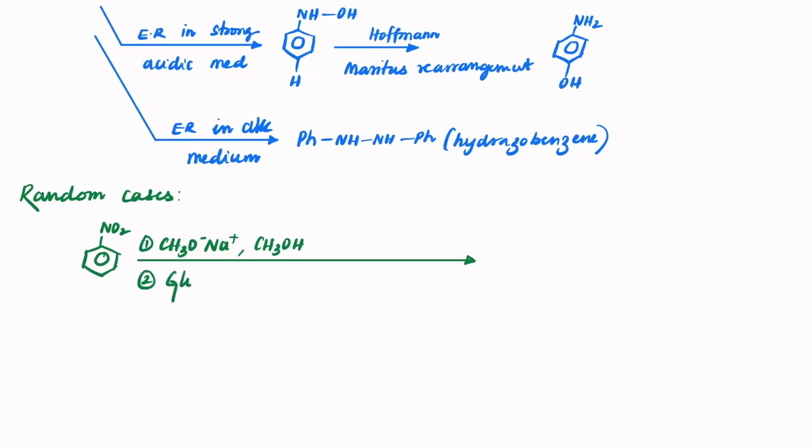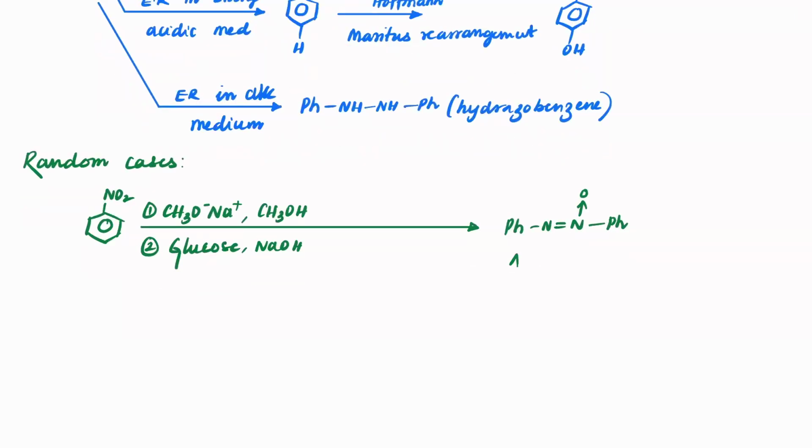That means in the presence of glucose and NaOH, this would give you hydrazo. I mean, there is no mechanism here. We should only know the forms. So this is azoxybenzene. Azoxybenzene. Okay.